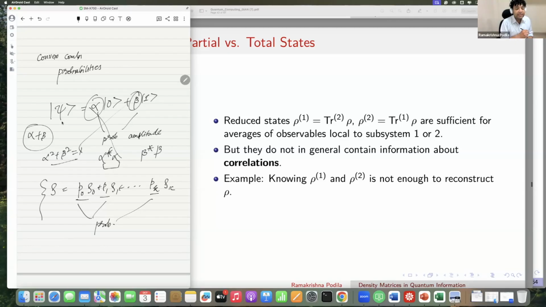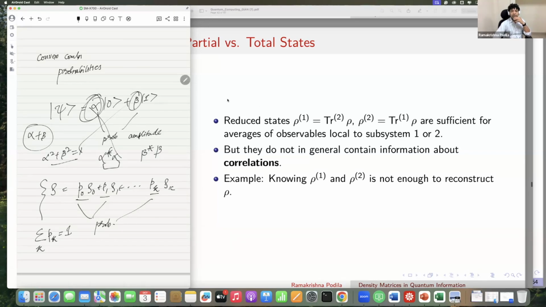Whereas when we are adding the density matrices, we're directly multiplying with probabilities and not probability amplitudes. The sum over k of pk should be equal to 1. Each weight is a non-negative number between 0 and 1, and when I sum all those weights, I get 1. That's a convex combination. Whereas alpha and beta could be complex numbers, so they are not really weights in the same sense. That's just a comment on the convex combinations.